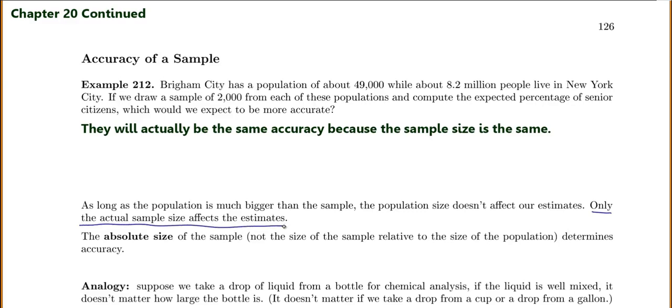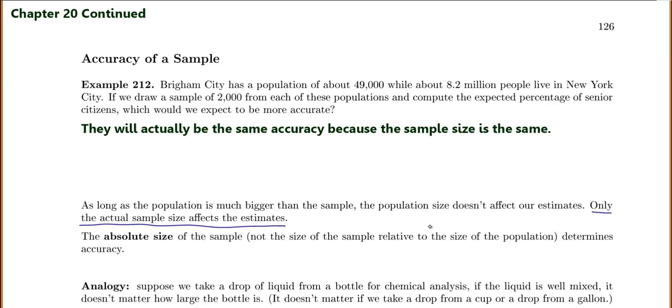The absolute size of the sample, so just how big your sample is. If we have 2,000 people in Brigham, 2,000 people in New York, the absolute size is the only thing that determines your accuracy. The size of your sample relative to the size of your population doesn't matter. For an analogy, if you think that seems weird, suppose you're taking a drop of liquid from a bottle for chemical analysis.